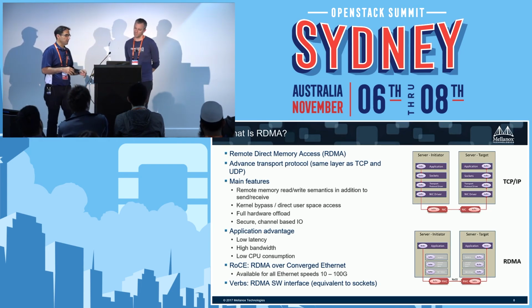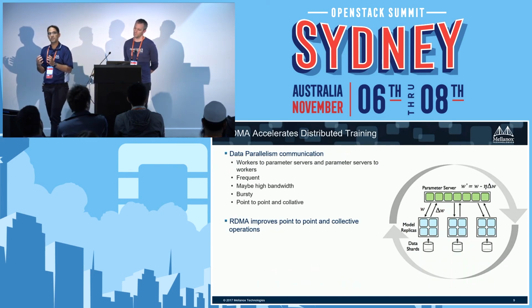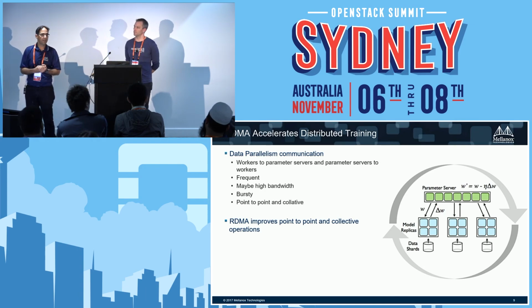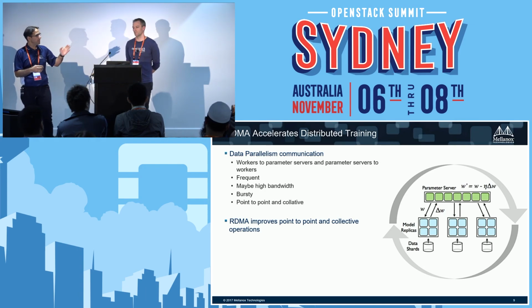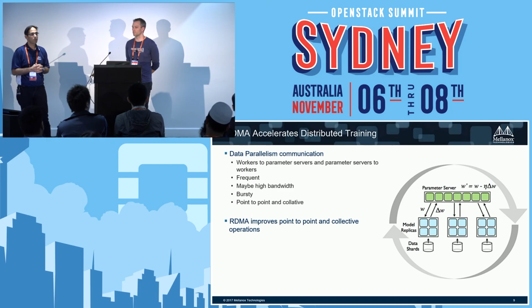The reason it's so popular with machine learning is because of the networking patterns that are required to drive machine learning. What you see here on the right-hand side, this diagram, is how we distribute training on multiple servers.